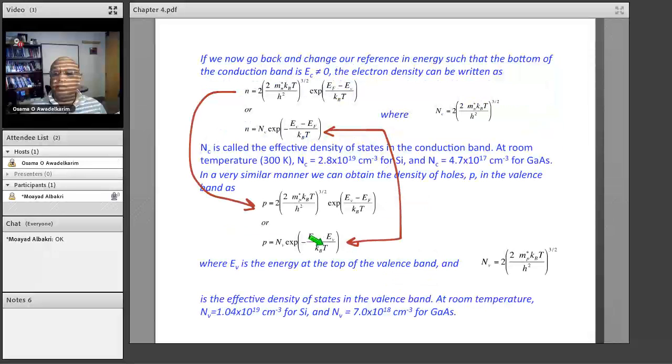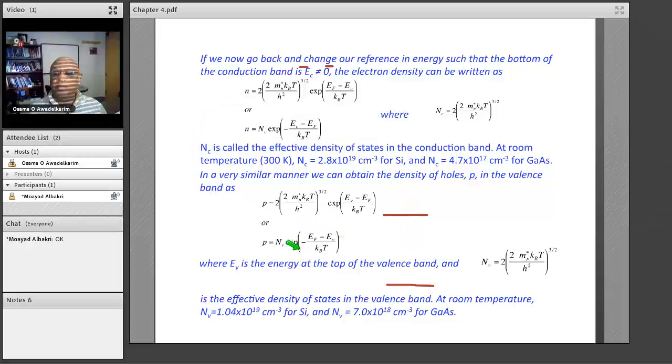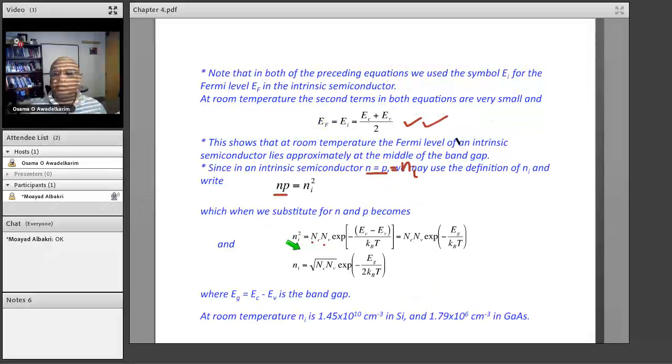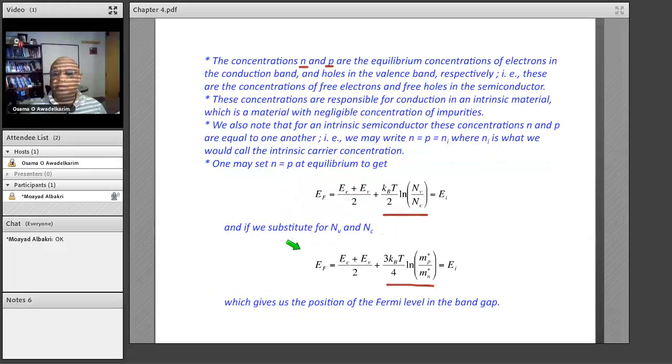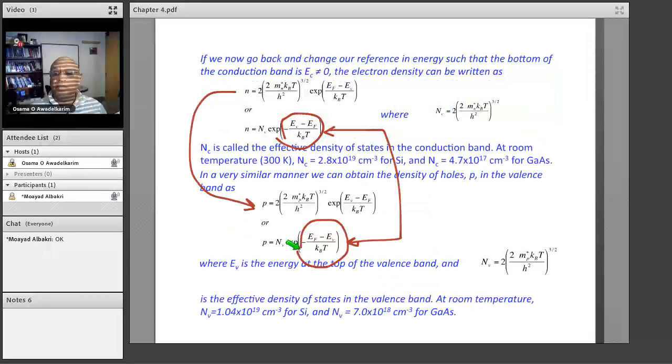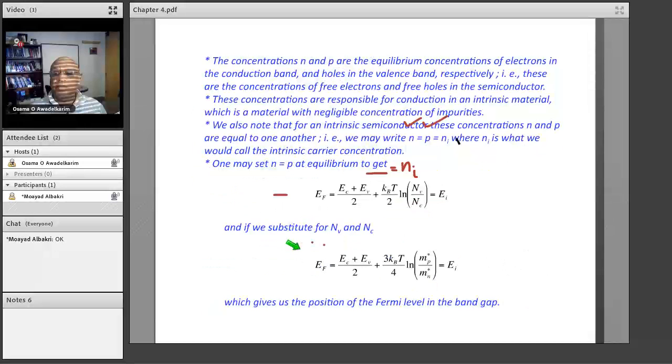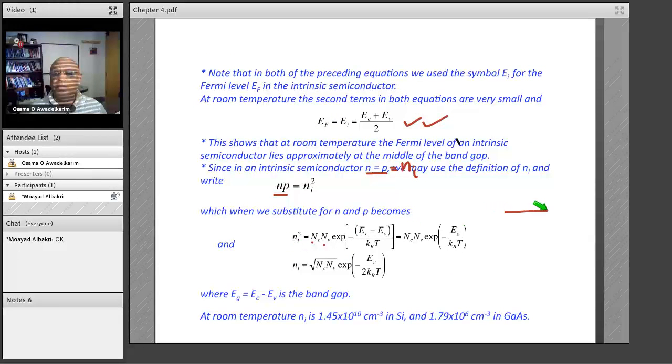So you have to add these two exponents. This one, you add it to this one. That's for multiplication. And so what you end up getting is EC minus EV, which is your band gap, EG.